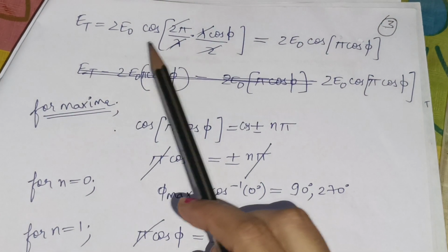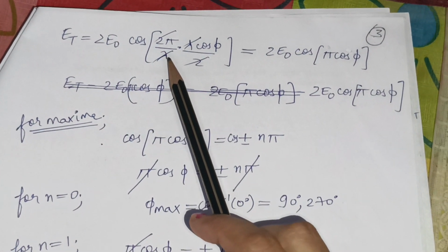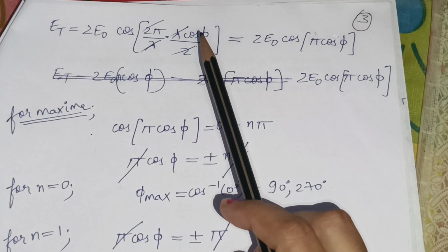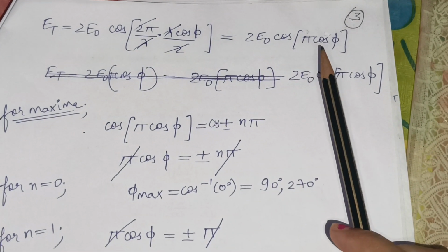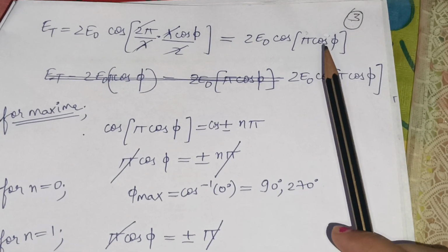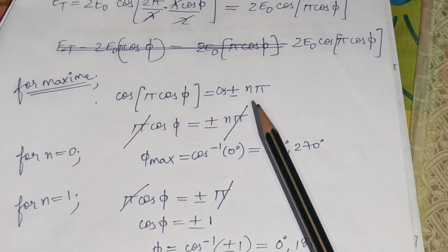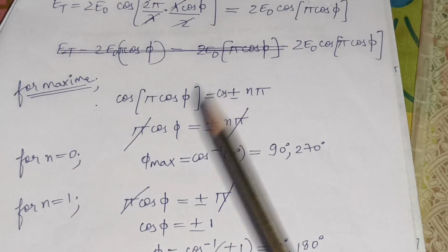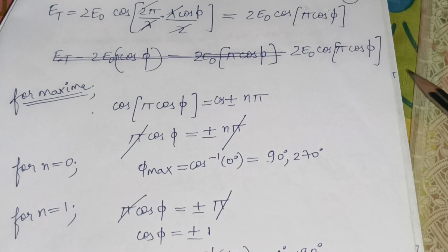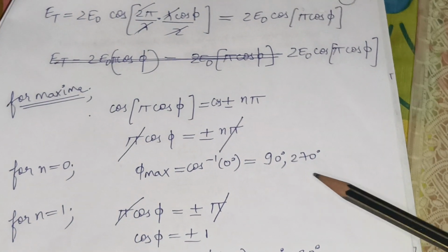As you can see, we again put the value of beta is equal to 2 pi by lambda and d is equal to lambda, and we get the value of Et is equal to 2 E naught cos(pi cos phi), and pi cos phi must be equal to an integral multiple of n pi when we want our maximum condition to be satisfied, and it will be again at 90 degree and 270.